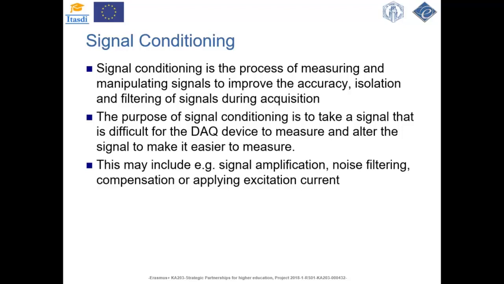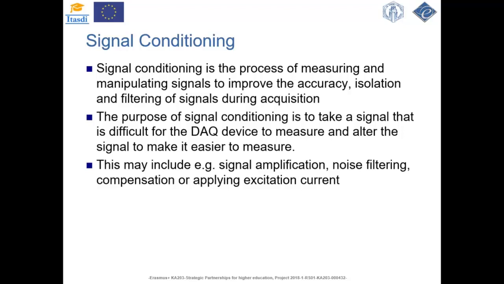For example, the output voltage of most thermocouples is rather small and susceptible to noise. So most of the time it's necessary to amplify the thermocouple output before it's being digitized. And this amplification is in fact a form of signal conditioning.